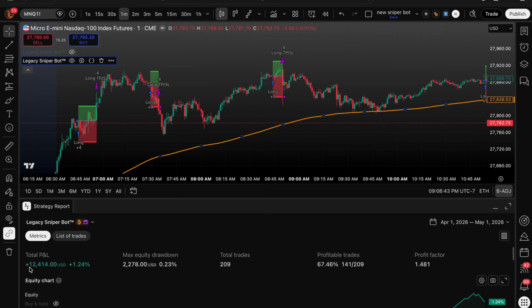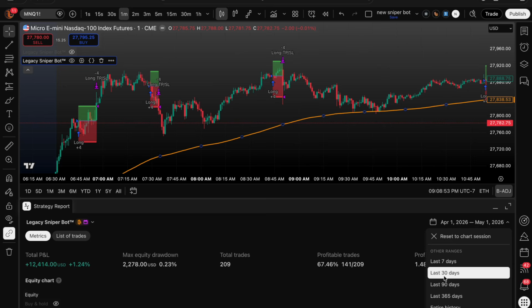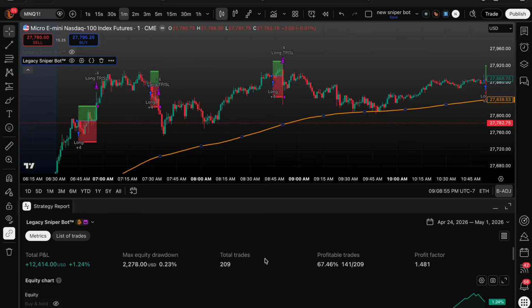So it gives us over $12,000 P&L, 2,000 drawdown, 67% win rate, profit factor 1.5. That's the last 30 days. Let's do the last 7 days. Almost the same with 1 trade per session.